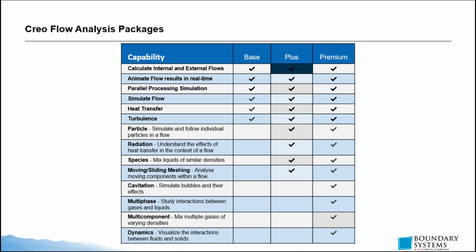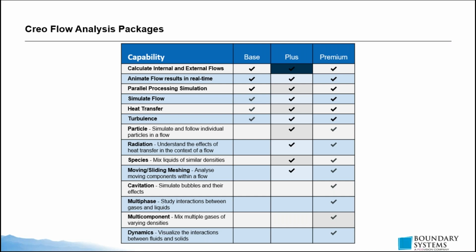Creo Flow also allows you to simulate turbulence and heat transfer in all 3 modes as well. Now, some of the differences in the plus versus the base is you can also simulate, for example, particle motion, radiation, and moving and sliding mesh as well.